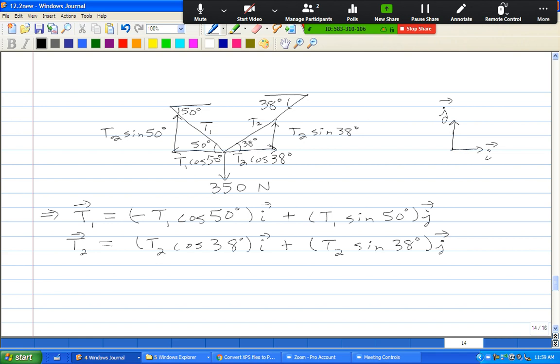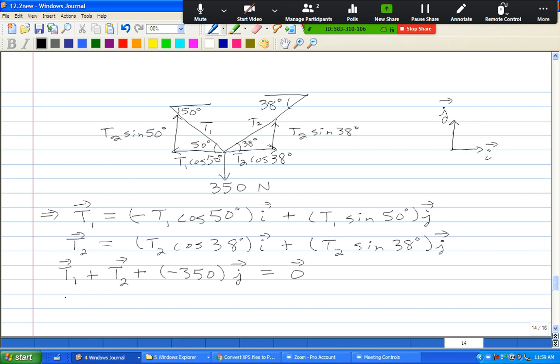Well, the sum of the forces must be 0. And so I have to have that T1 plus T2 plus this, which is a negative 350 going in the negative J direction, must all add up to be 0.